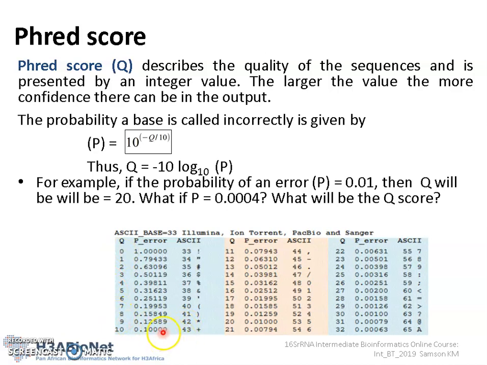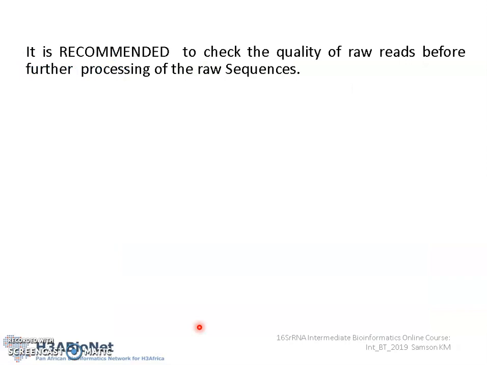Likewise, if the chance that the base is wrongly called is 0.1, the quality score will be 10, and in the fourth line it is presented by a plus character. So it's highly recommended to check the quality of raw sequence reads before further processing.